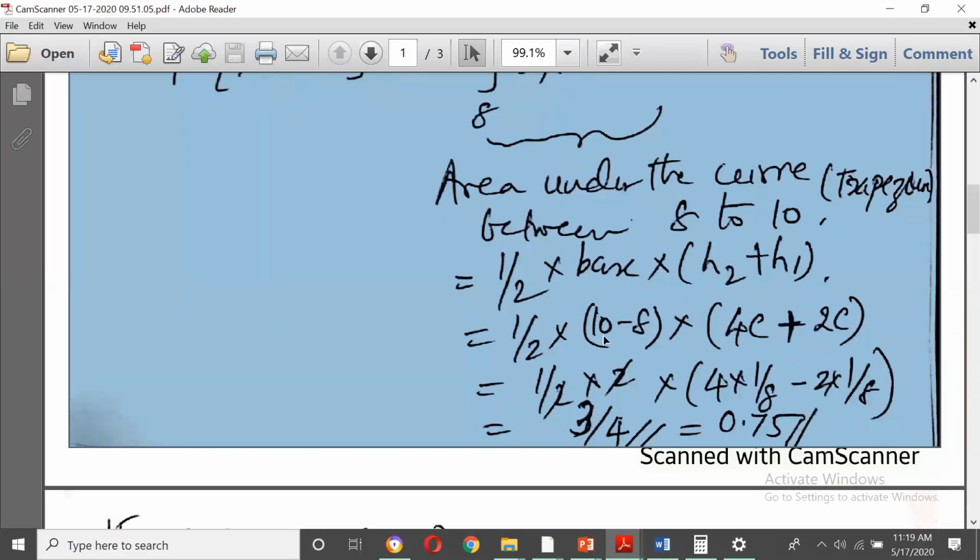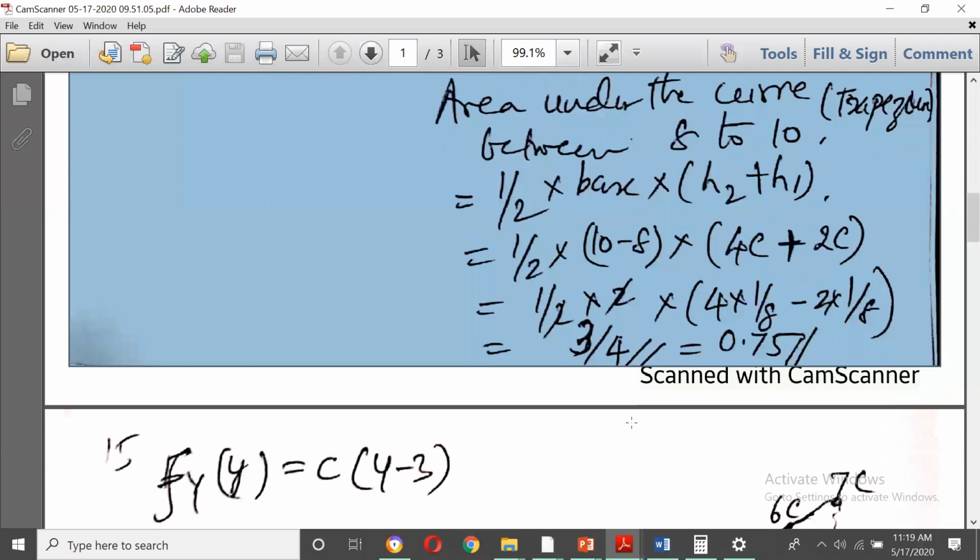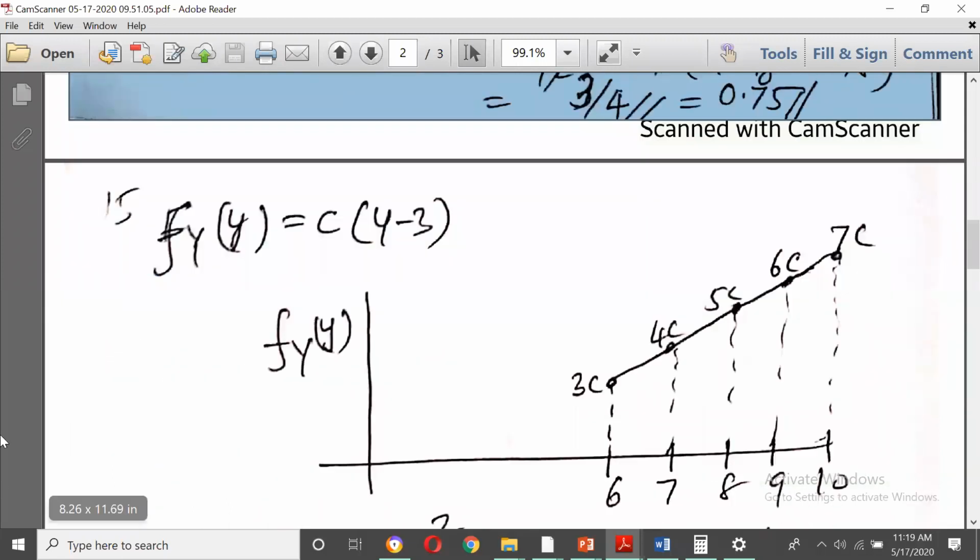Then you will have 10 minus 8, that will cancel, and we will get 6c. C is 1 by 8, therefore this will become 3 by 4, that will give us 0.75.